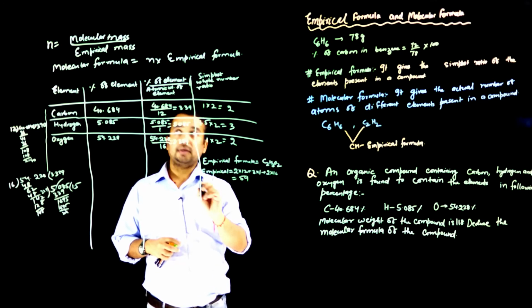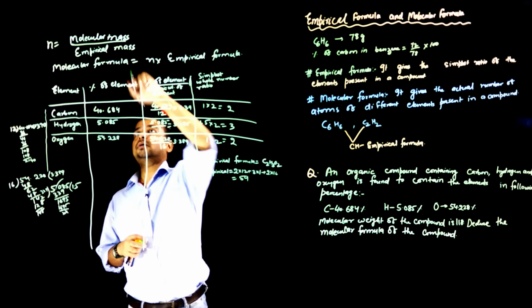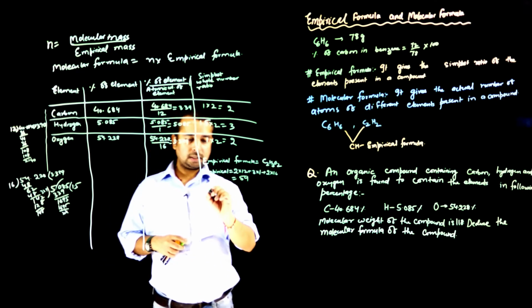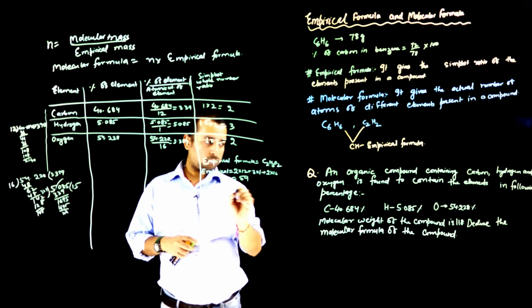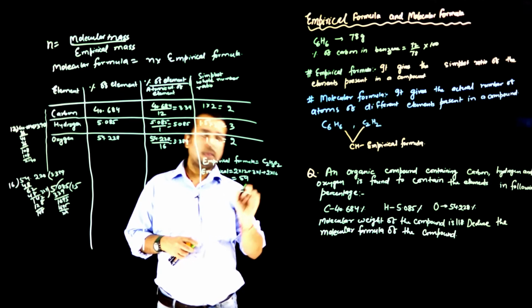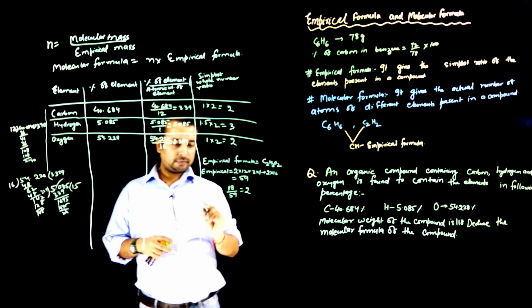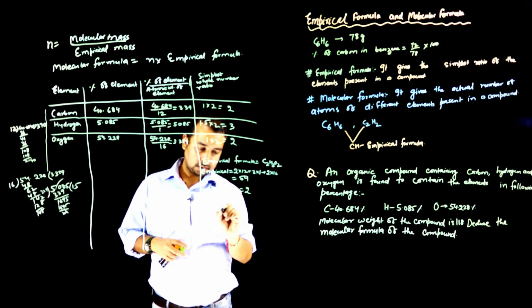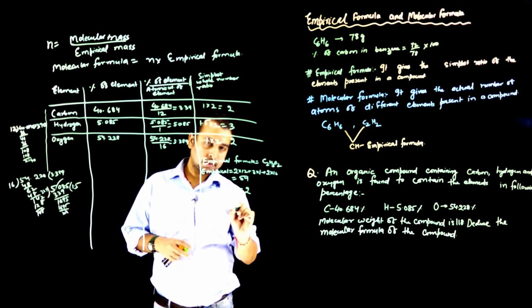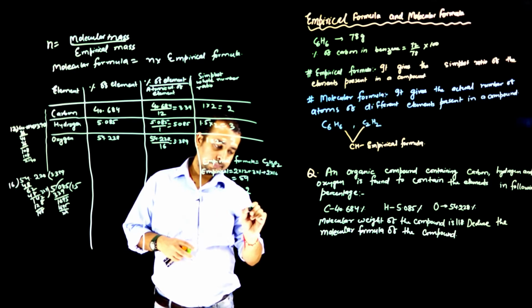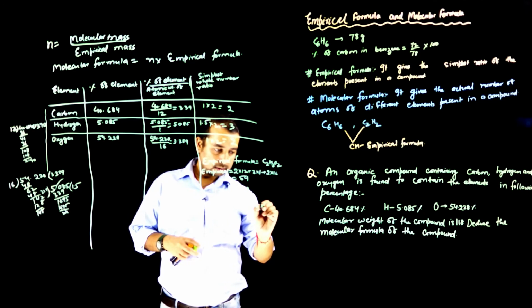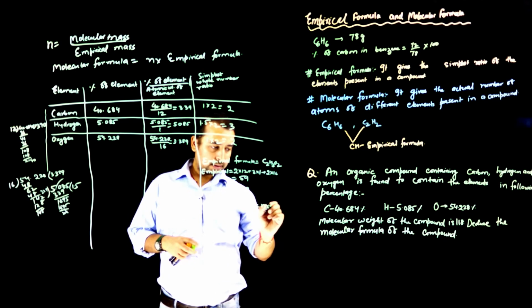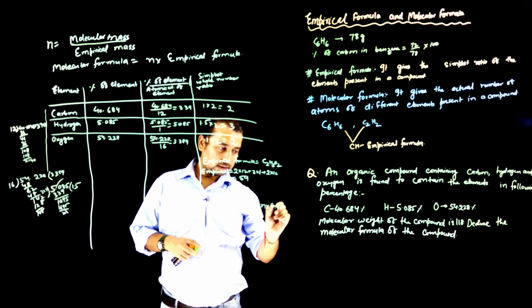So N we will calculate using this formula: N is equal to molecular mass by empirical mass. The molecular mass we have is 118 and the empirical mass we have got is 59. So N is equal to 2. Then the molecular formula will be N into the empirical formula.